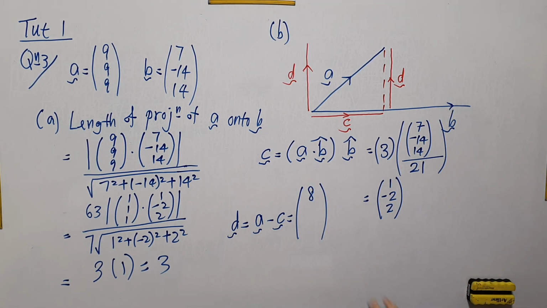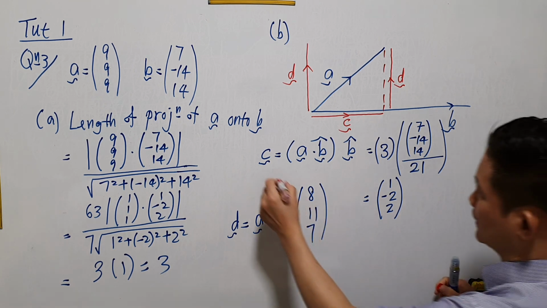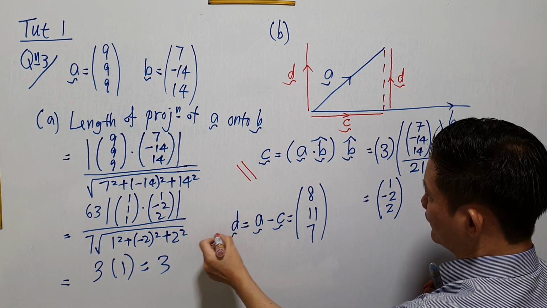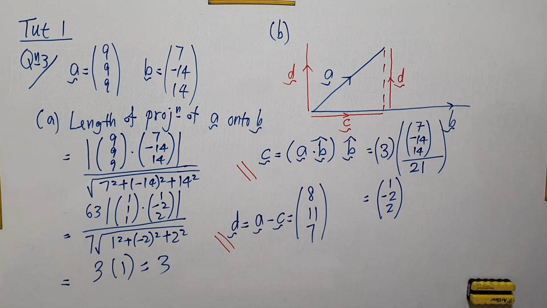And then 9 minus 2 is 11. Then 7. This is how I get the two vectors, the vector C and the vector D. And these two vectors are also called the components of the vector A in direction B and perpendicular to B. And this is how you achieve question 3 of tutorial 1.